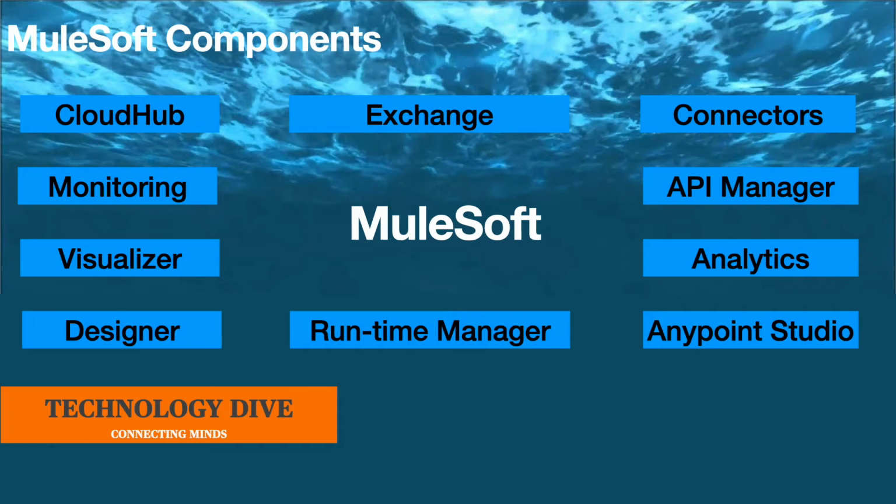Exchange provides the benefit of being able to share, discover and incorporate assets and resources into our integrations and applications. We can create an API developer portal, view and test our APIs, and simulate data to an API, which is also called mocking services. Runtime Manager allows us to run, deploy and manage our deployed applications from a central location, whether they are running in CloudHub, on premises, or on Runtime Fabric.